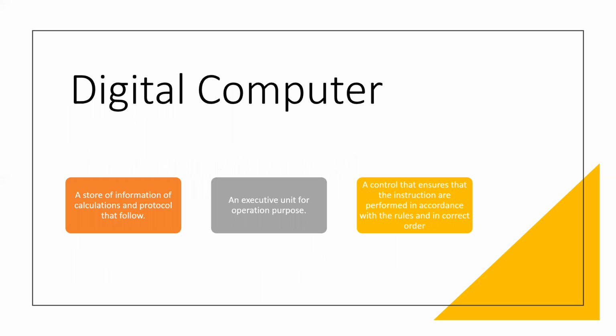He noted that the idea of the digital computer was an old one, referencing the various analytical engines developed by Charles Babbage until his death in 1871. He defined the digital computer as having a store of information for calculation and the protocol to follow, as well as an executive unit for carrying out operations, and a control that ensures the instructions are performed in accordance with the rules and in the correct order.